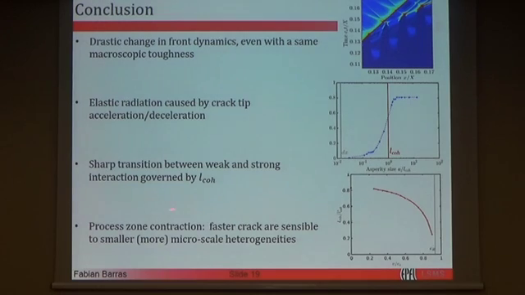And that explains why faster cracks are sensitive to smaller microscale heterogeneities. And I put in the bracket "more", because if you imagine you have a plane made of asperities of various sizes, with some kind of self-similar distribution, when your crack accelerates, you will see more of these smaller defects of your interfaces.